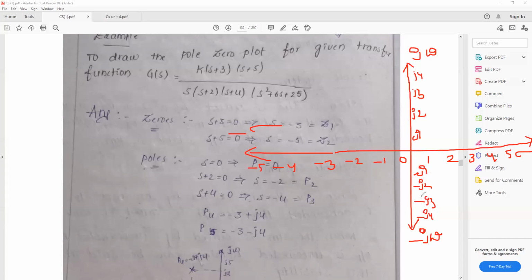So all of you clear the axes, x-axis and y-axis.